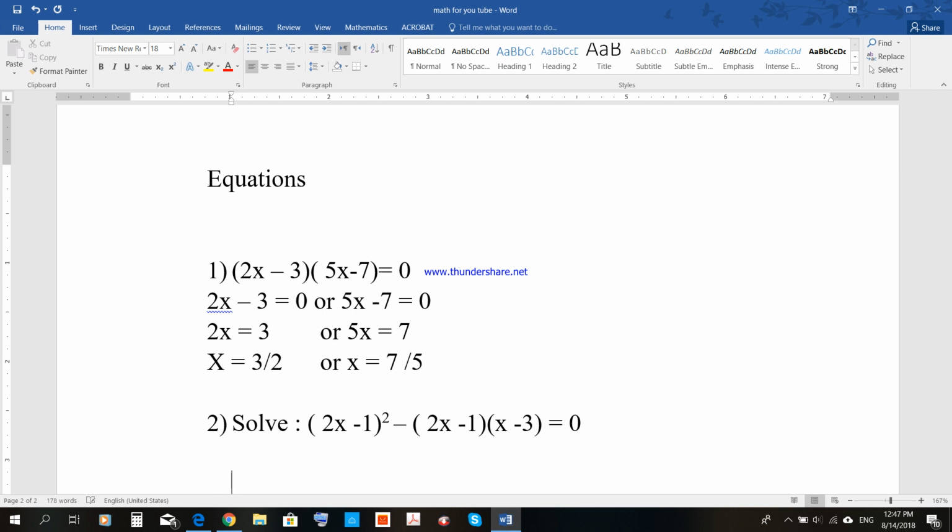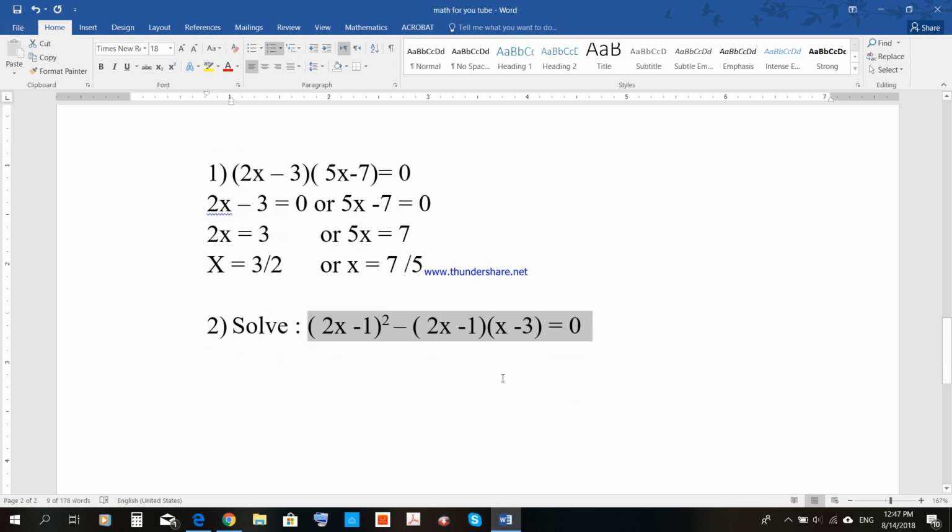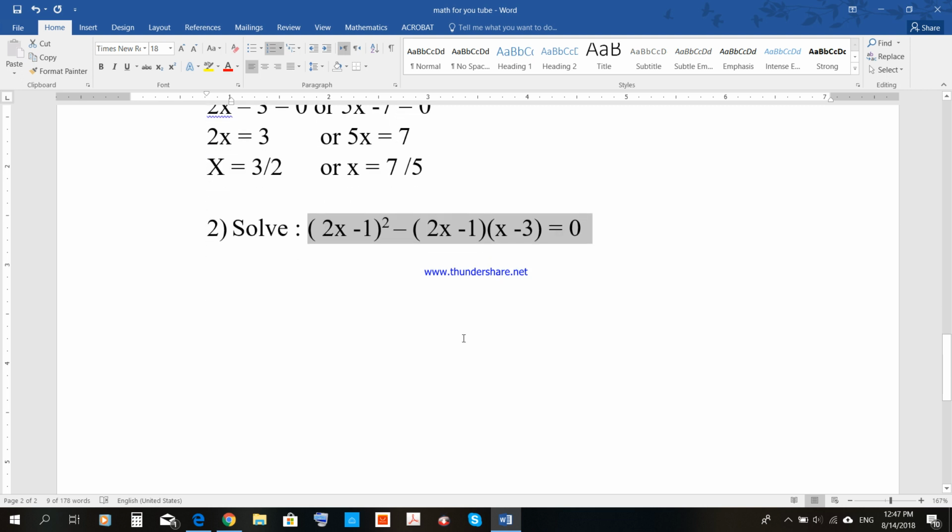This one here, he said solve. First of all, as you see, there is an equation. We must do factorization first. After that we can solve it to find the x.